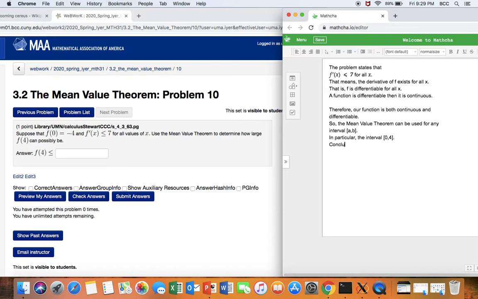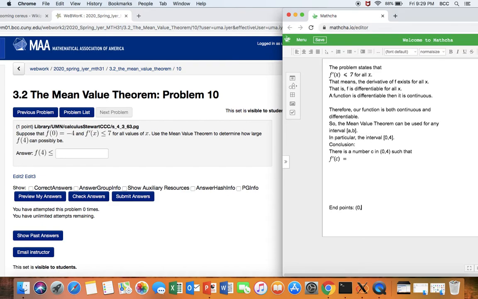Okay, what does the mean value theorem say? The conclusion of the mean value theorem is there is a number c in the open interval 0 to 4 such that the derivative at c is equal to the average slope over this interval, that is, the slope of the line segment joining the endpoints. What are the endpoints?